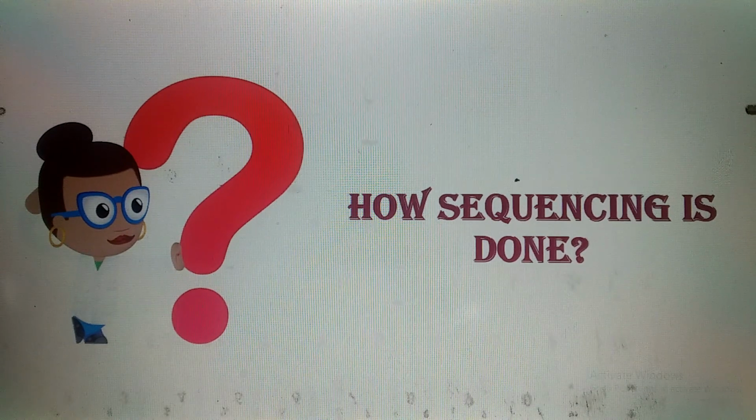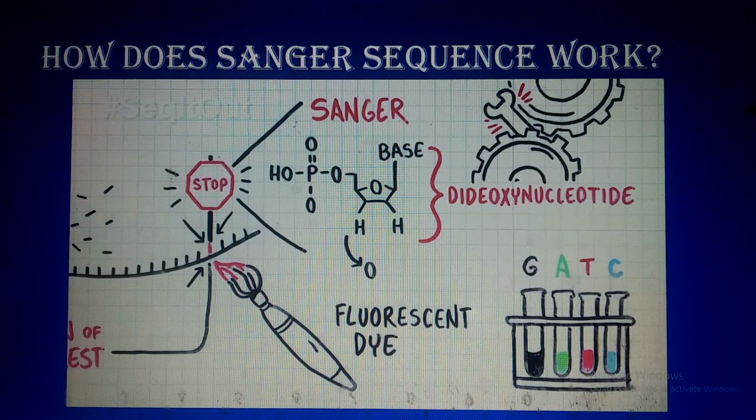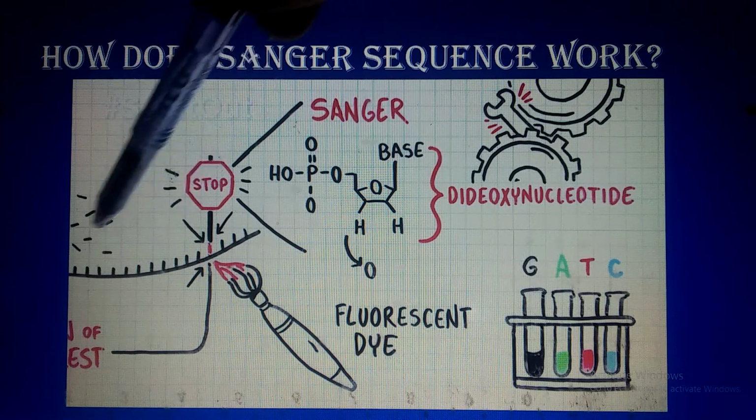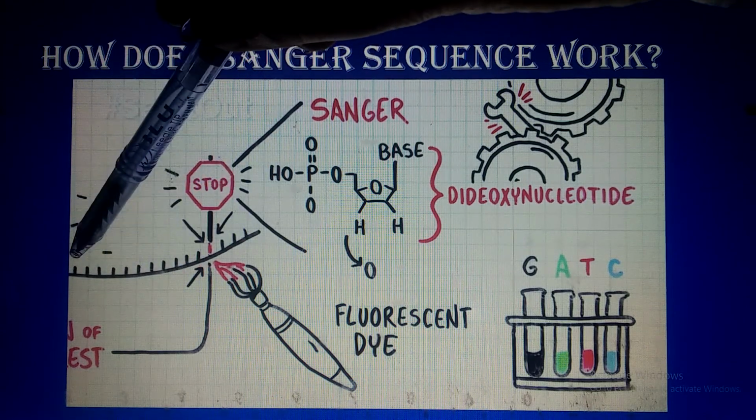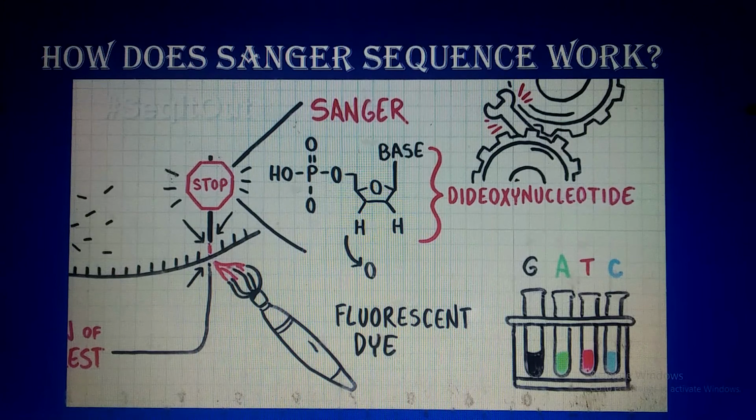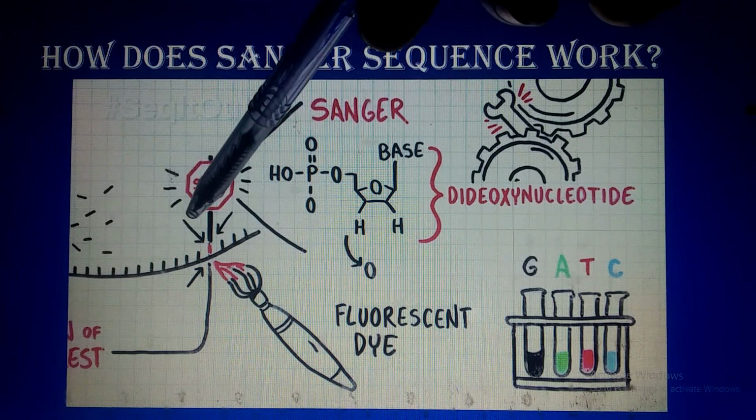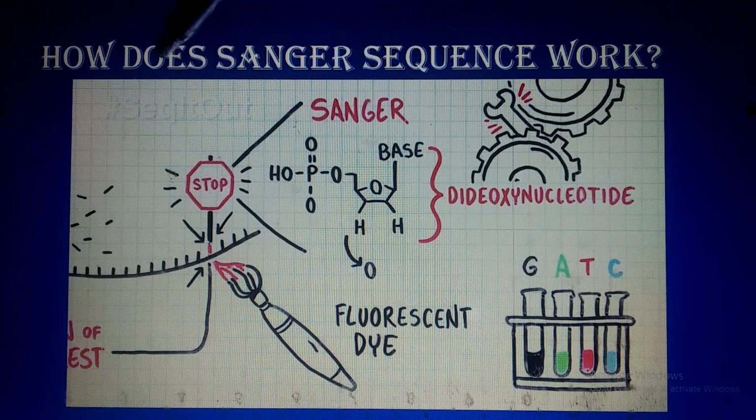Okay. How is sequencing done? As I have discussed, Sanger used the dideoxynucleotides, and whenever these dideoxynucleotides attach at any point of the single stranded DNA during the elongation process, during the formation of the double stranded DNA, what will happen? Whenever the dideoxy attaches, it will stop the formation of the double stranded DNA.